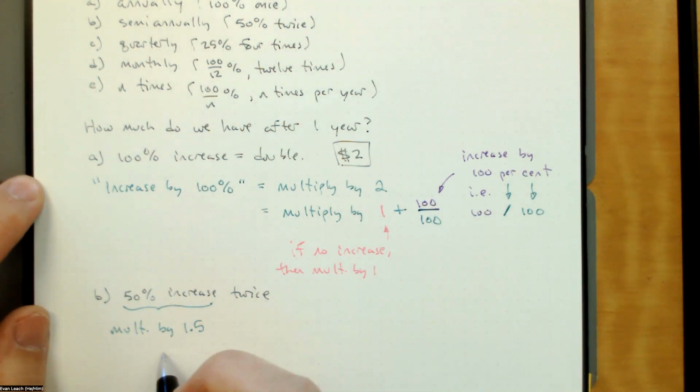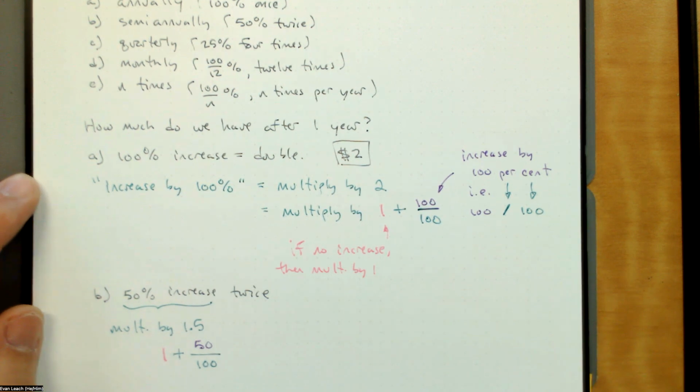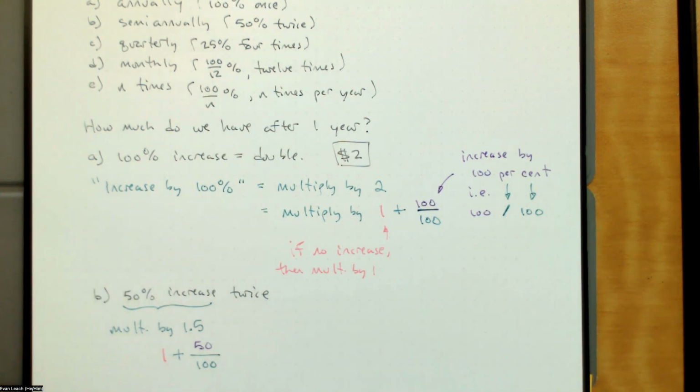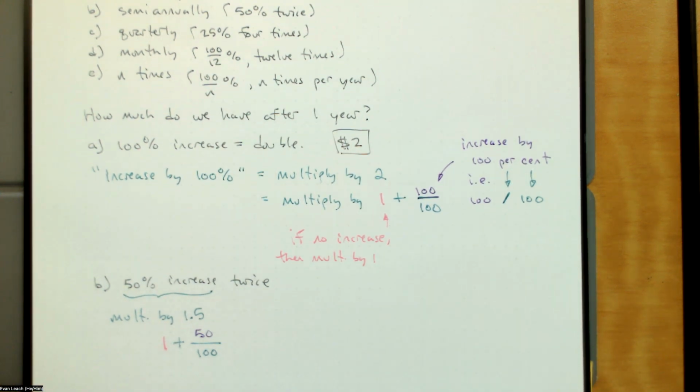If no increase, it's 1, but we're going to increase by 50 per 100. So a 50% increase is multiplying by 1.5.